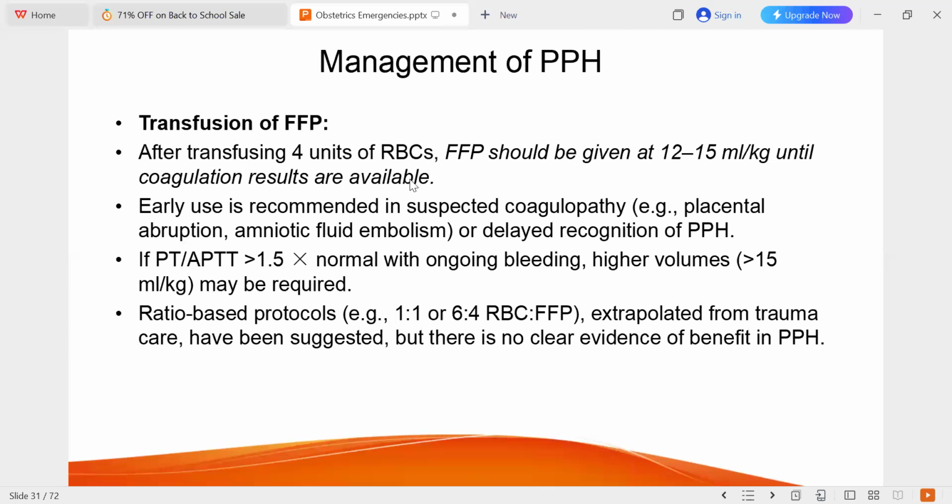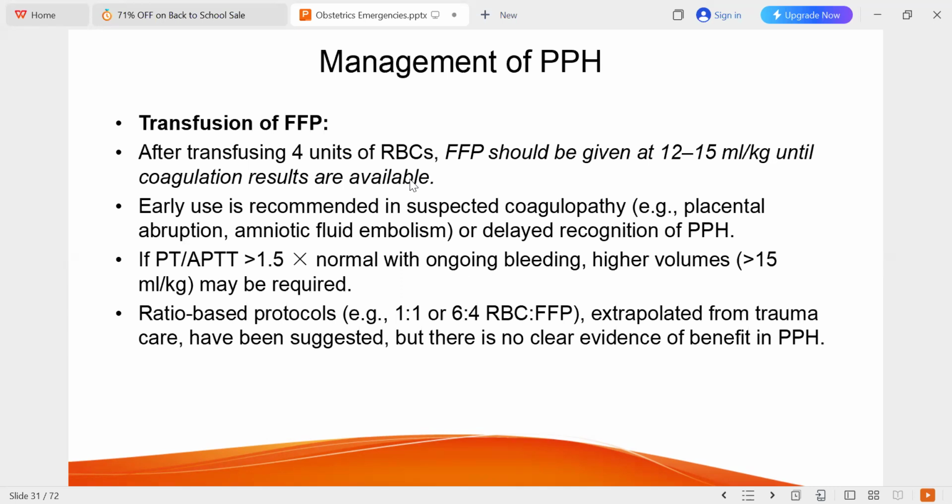Okay, so this is the question we asked earlier on. After you have transfused 4 units of packed red blood cells, the next thing, you don't have to wait for coagulation results. You should transfuse fresh frozen plasma at a rate of 12 to 15 mL per kg.